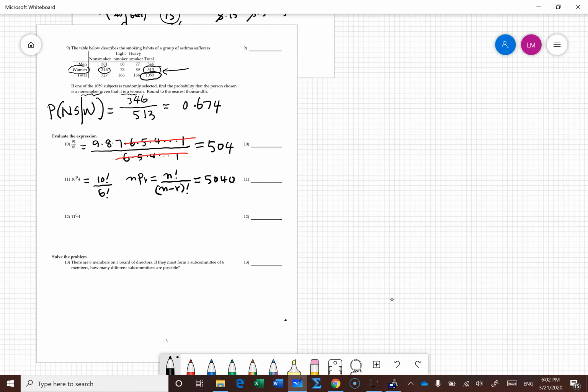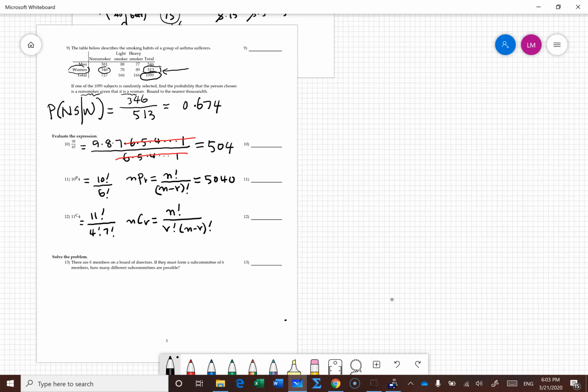So it is 5040. Okay. So the third one is 11C4. So it is 11 factorial over 4 factorial, 7 factorial. What does nCr mean? n factorial over r factorial, n minus r factorial.